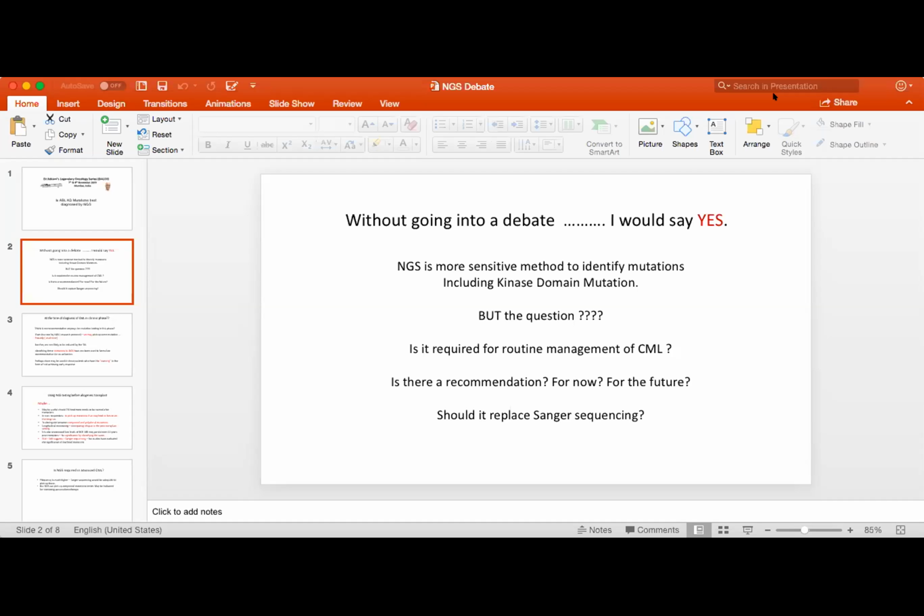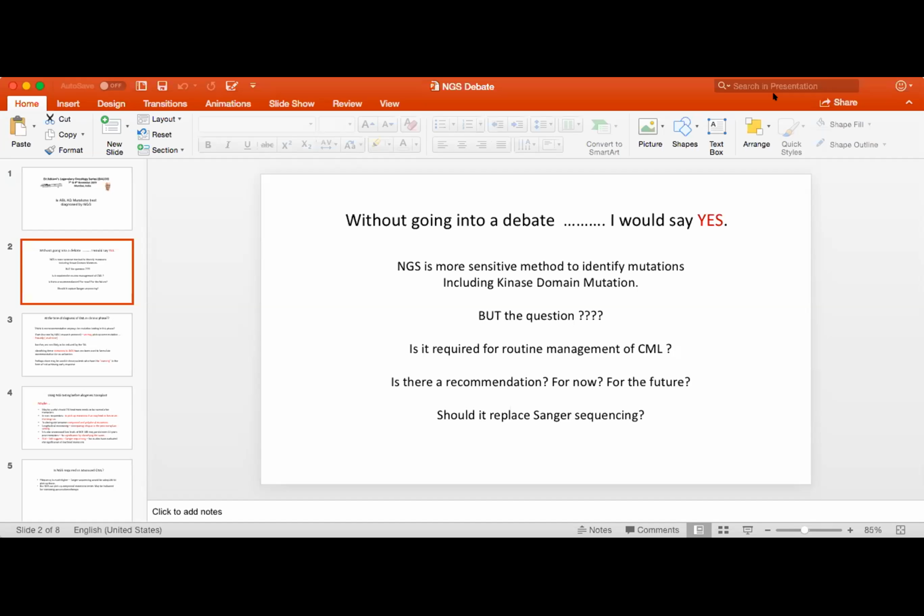I would not debate the sensitivity to pick up kinase domain mutations. Definitely, next generation sequencing is a superior methodology because the technique itself is a lot more refined, and it is certainly a more sensitive method to identify mutations, including kinase domain mutations.